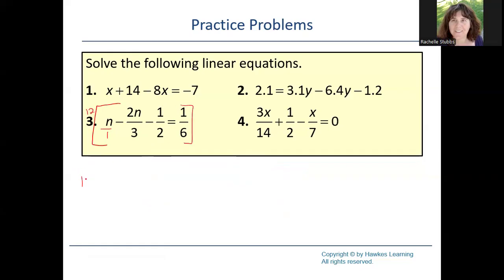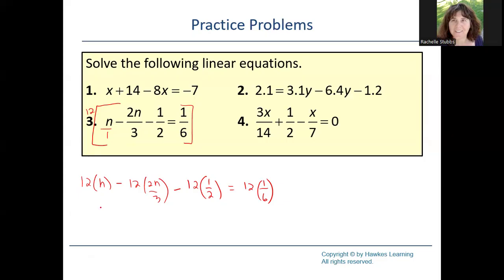So I have 12 times n minus 12 times 2n over 3 minus 12 times 1 over 2 equals 12 times 1 over 6. And notice I multiply that 12 on every term of the equation. That's how I clear the fraction.